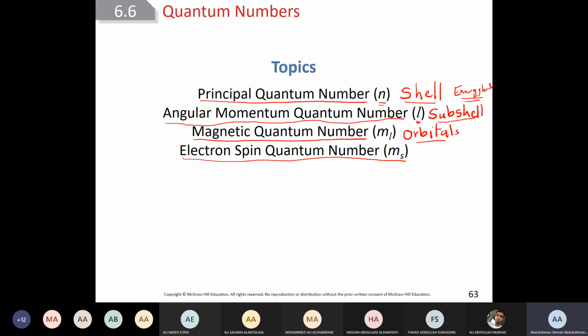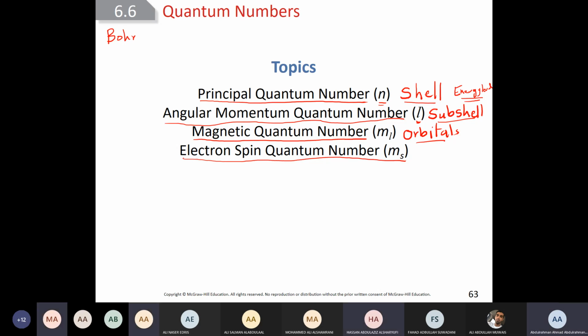Now we already discussed the principal quantum number. Who developed the principal quantum number?